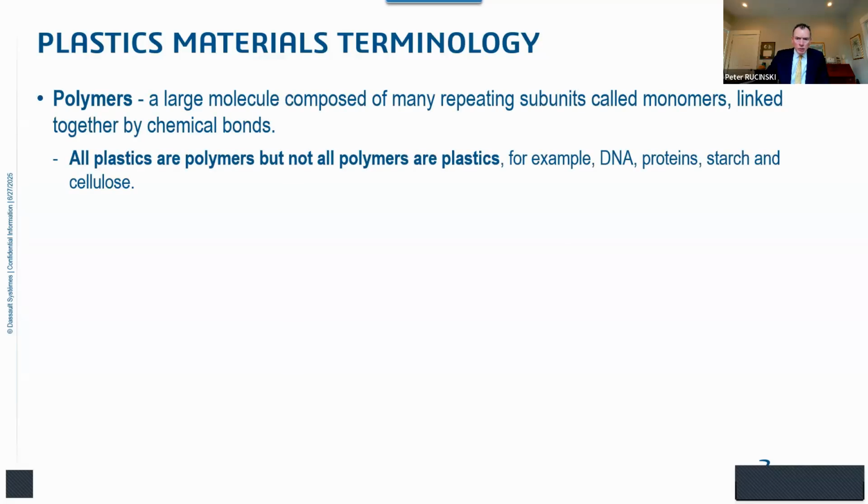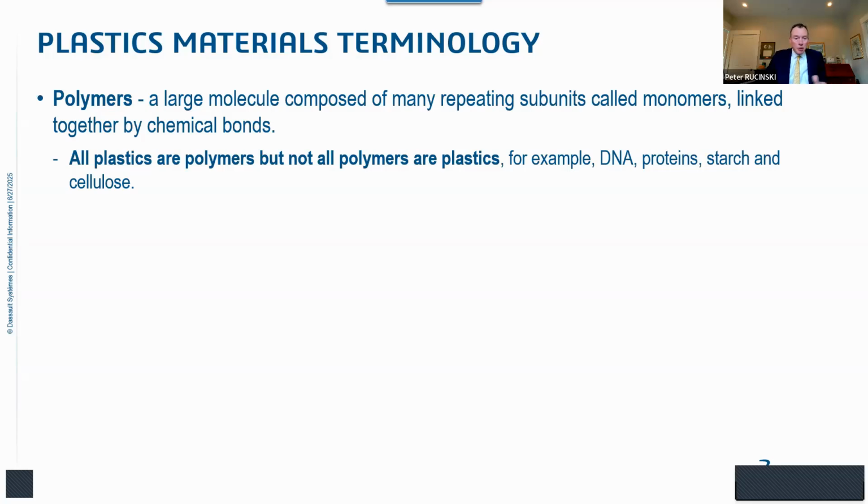A little bit of housekeeping, some plastics materials terminology. Just like many other industries, we in the plastics industry have a lot of industry-specific terminology we use in our space. The first word I want to introduce, and please forgive me if I'm stating the obvious here, that's polymers.